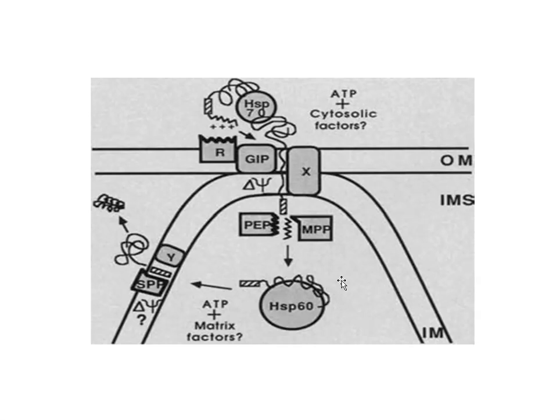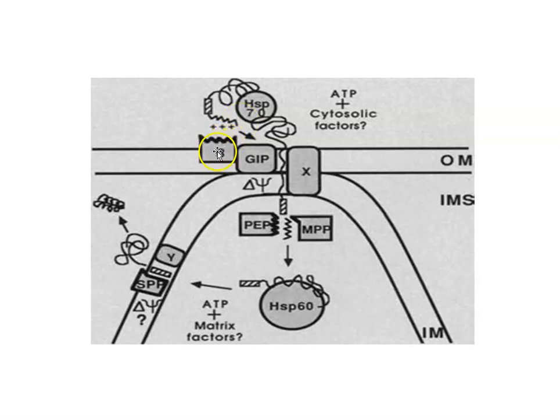So pre-cytochrome B2, for example, has a bipartite pre-sequence whose NH2 terminal part, this zigzag line, is positively charged and contains the information for the targeting into the matrix. The COOH terminal part of the pre-sequence corresponds to the bacterial type targeting signal and directs the export to the intermembrane space. So the precursor binds to the receptor first.